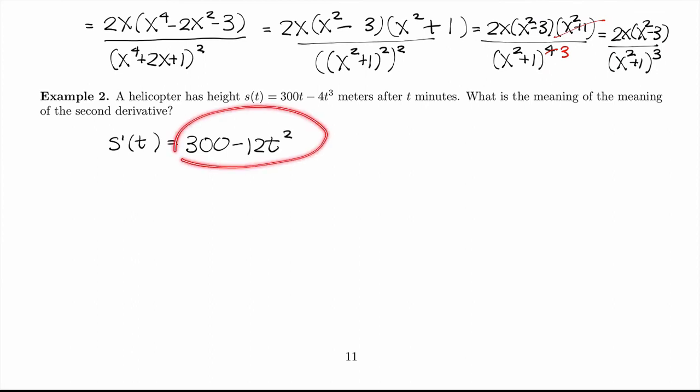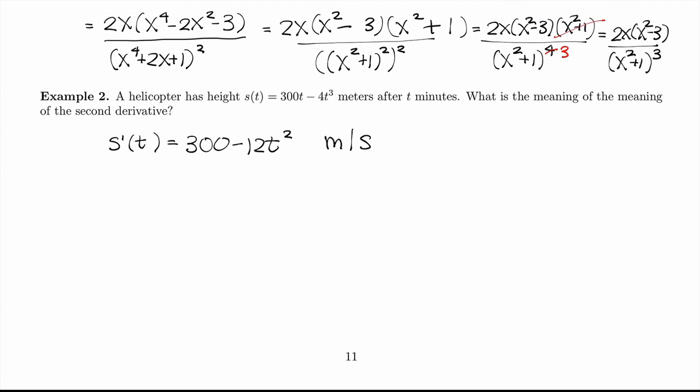You might want to pause and think about why this is right. Remember the units of this, so remember the position, you have input in seconds and output in meters. The units of this are going to be meters per second. So the first derivative is the velocity in this case.